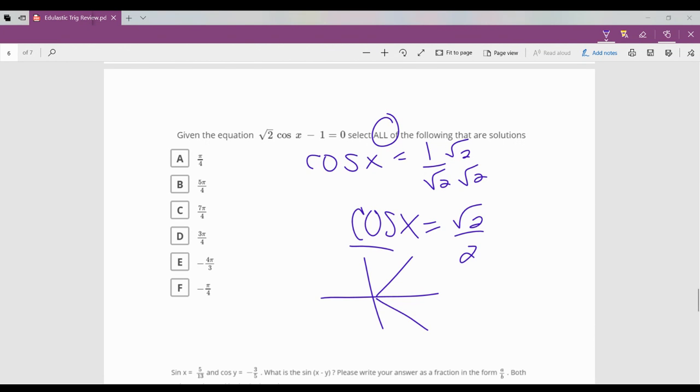And if you have one that is less than 0, you could always go clockwise on the unit circle. Wait, nope, that's clockwise. Clockwise on the unit circle. Or you can always add 2 pi to that. All right, so just make sure you select all of the answers that are correct. Okay, next one.